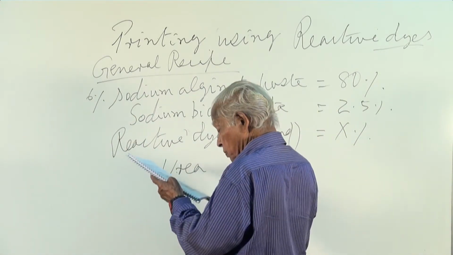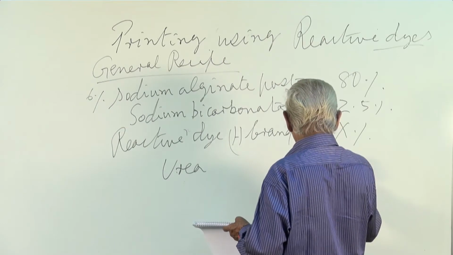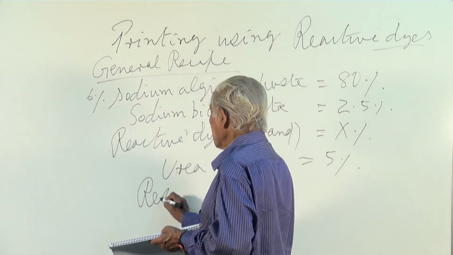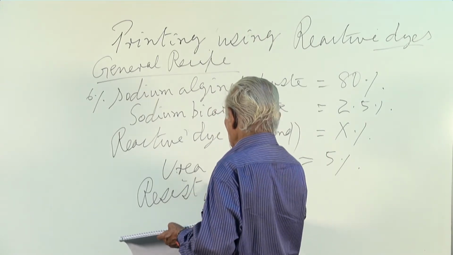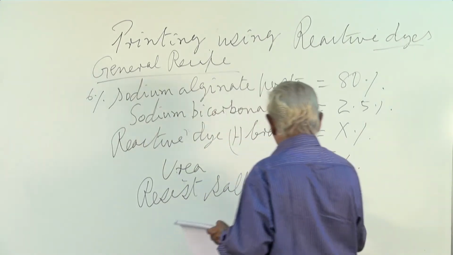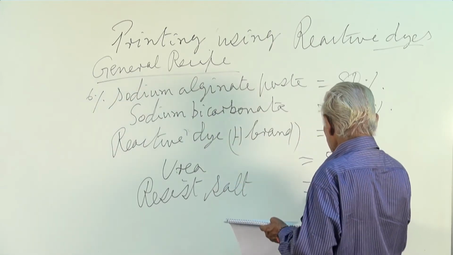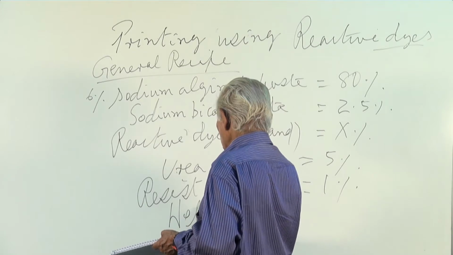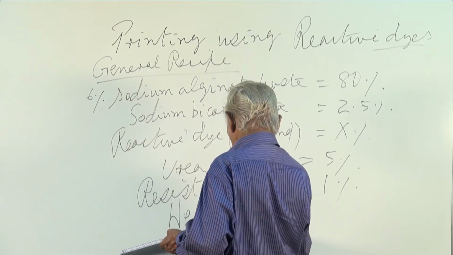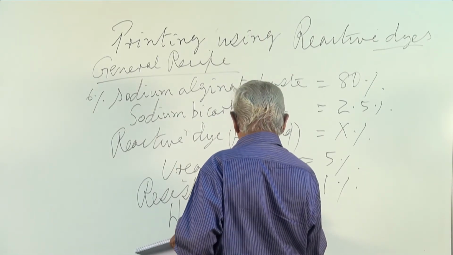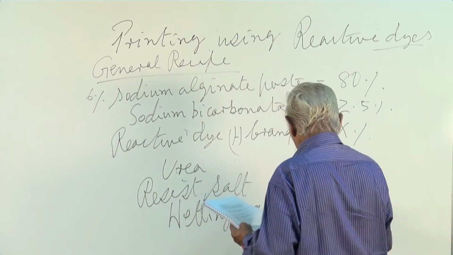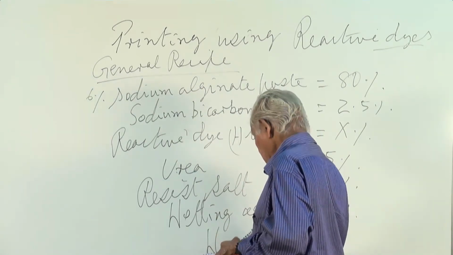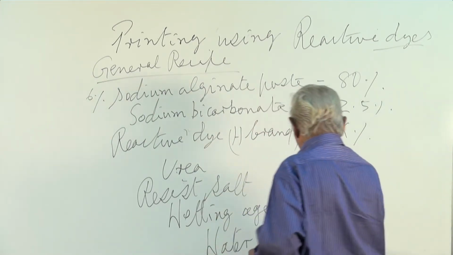Urea 5%, resist salt 1%, wetting agent 1%, water 5%.